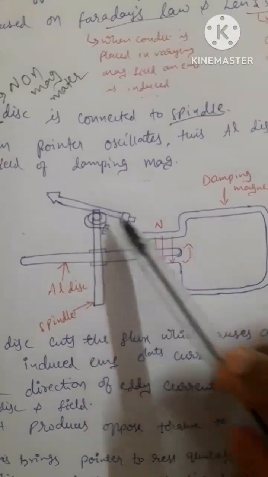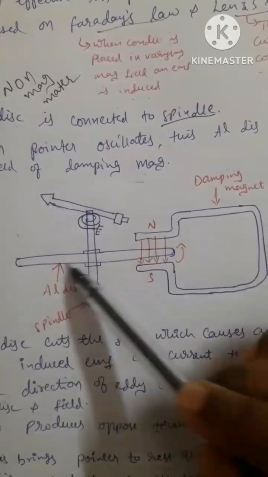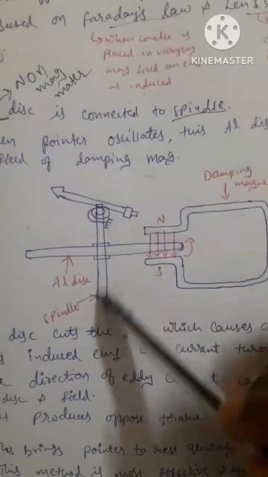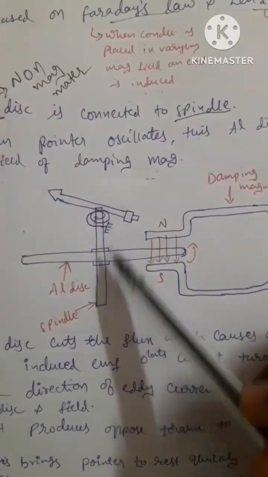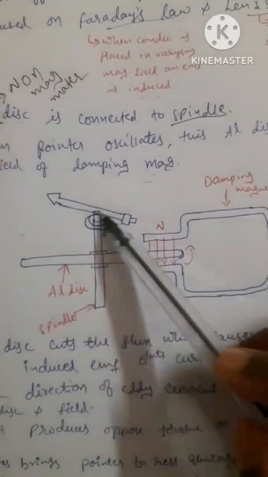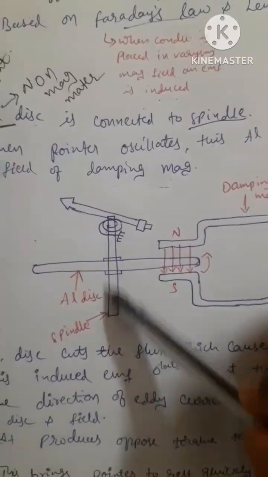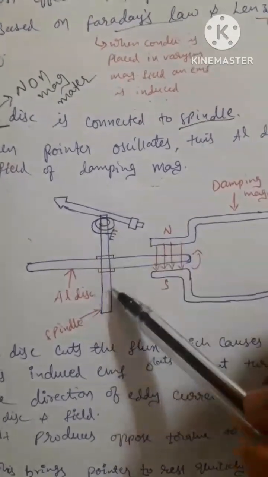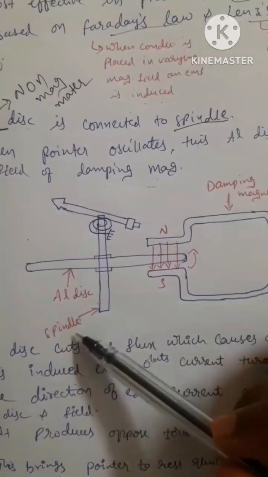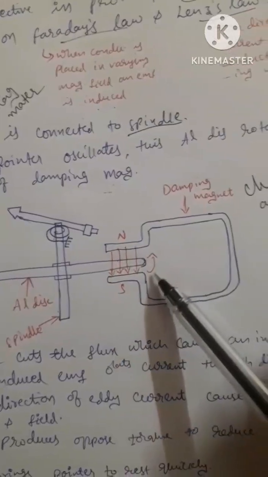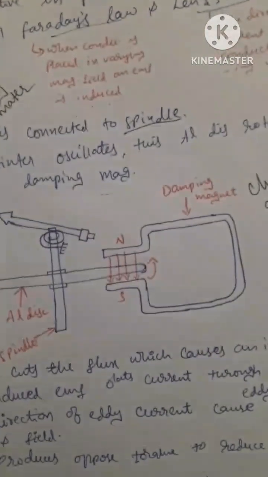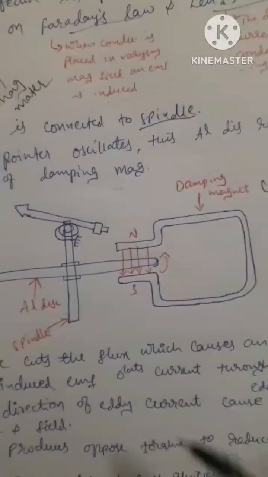This is the pointer and this is the aluminum disc. This is the spindle, which holds the pointer in a straight path. And this is the damping magnet.